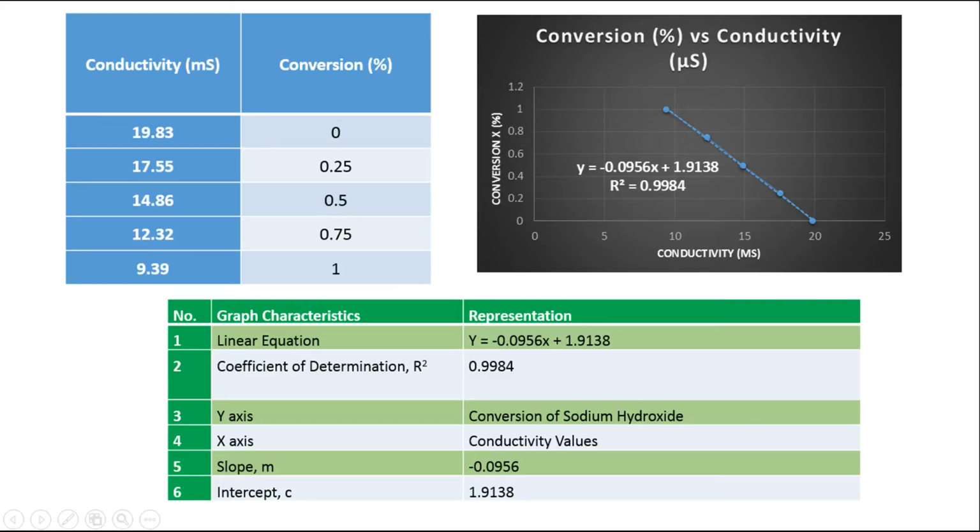High conductivity illustrates that there is a high molar concentration of sodium hydroxide ions, while low conductivity illustrates a higher molar concentration of sodium acetate than sodium hydroxide ions. Therefore, the high production of sodium acetate, which stimulates high conversion, will show a decrease in conductivity values.